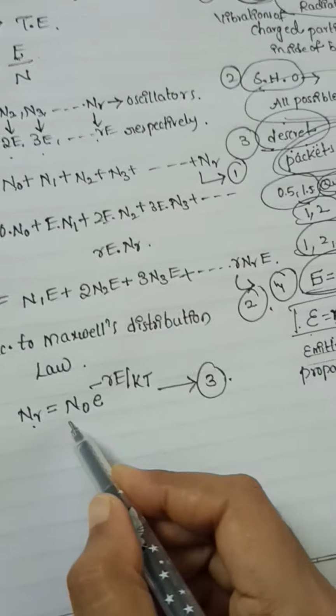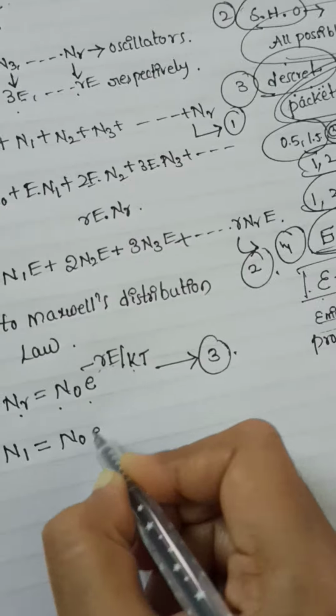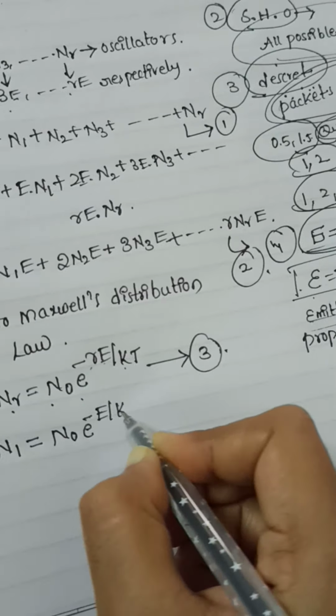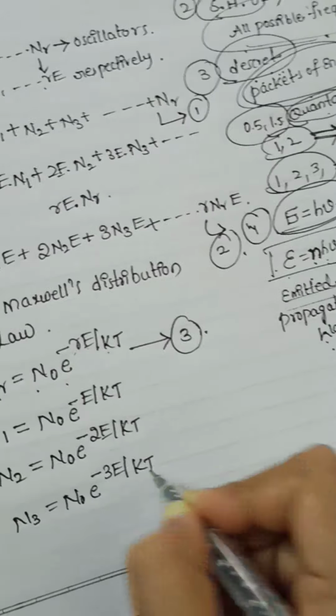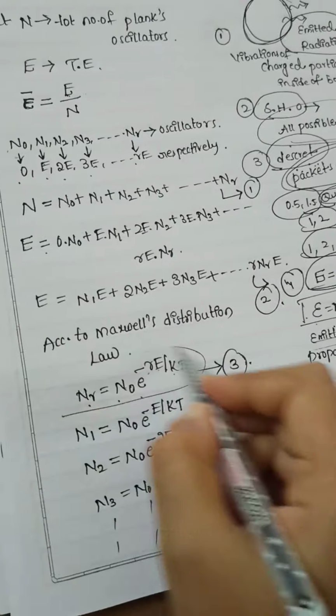N1 is N0 into e to the power of minus E by kT. N2 equals N0 into e to the power of minus 2E by kT. N3 equals N0 into e to the power of minus 3E by kT, up to the Nr value.